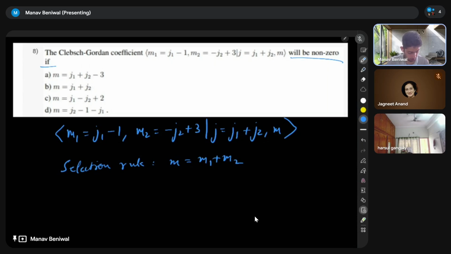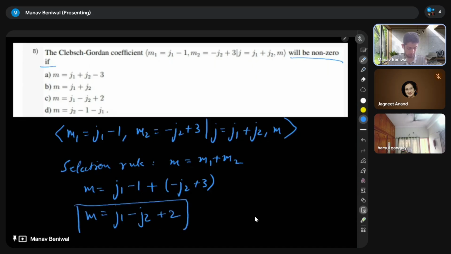So this means that our m will be j1 minus 1 plus minus j2 plus 3. So this is j1 minus j2, and minus 1 plus 3 is plus 2. So option C.